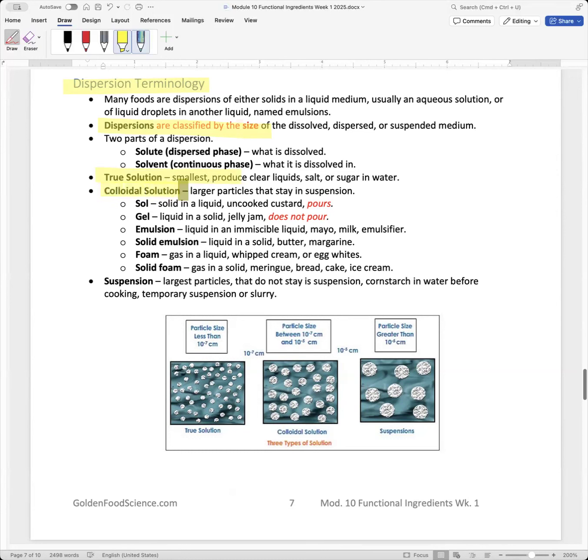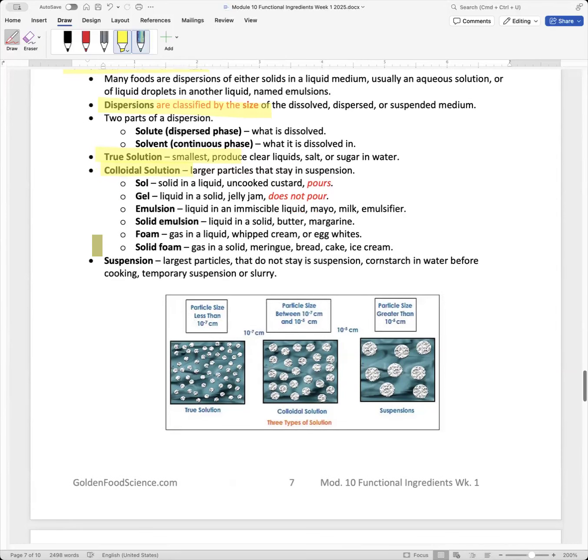Most food is a colloidal solution. That is, it's either a sol, a gel, an emulsion, a solid emulsion, a foam, or a solid foam. That is the intermediate. And then a suspension is the largest.